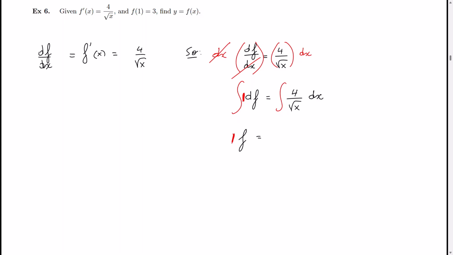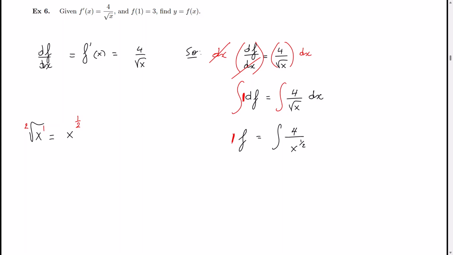Now over on the right side of the equation, I have 4 over square root of x. And unfortunately, the x is in the denominator, so we have to do a couple of things. First, I have to rewrite it as x to the power of 1/2. So where did that come from? Just recall that when I have square root of x, it's really x with some fraction power. The 1 and the 2 are invisible, so we just write them and make it into x to the 1/2.